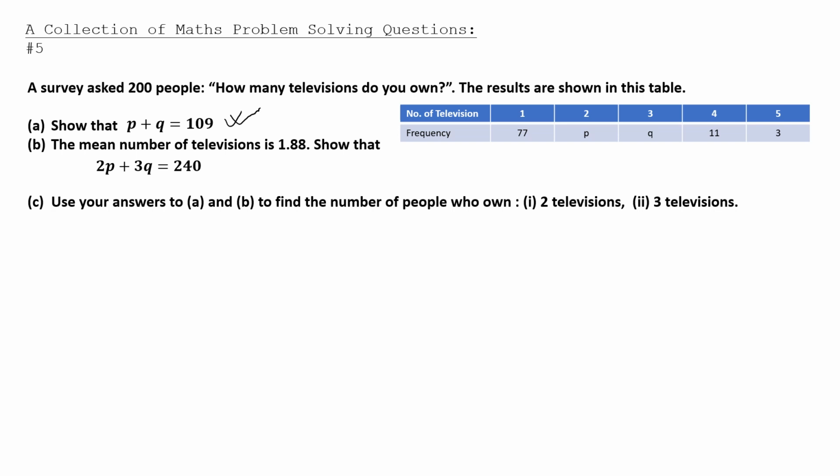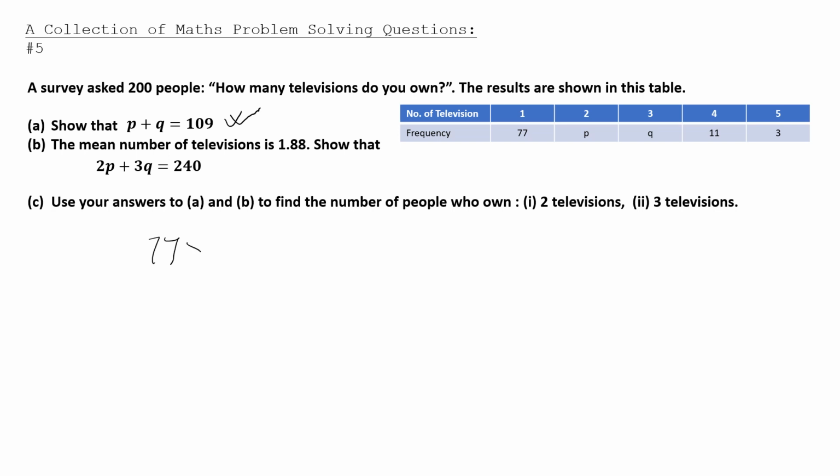Now part B is saying the mean of the number of televisions is 1.88. Show that 2P plus 3Q is 240. The way to work out the mean is you have to multiply frequency times the number of televisions.